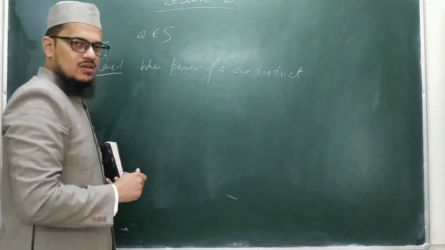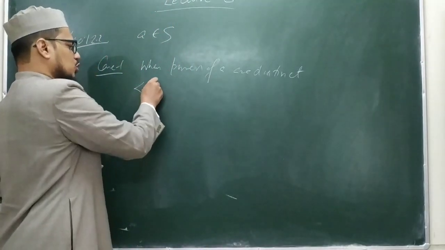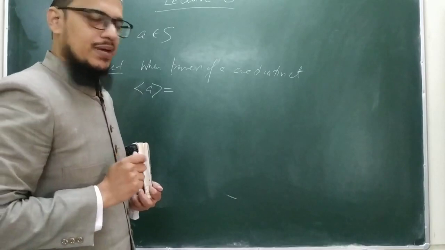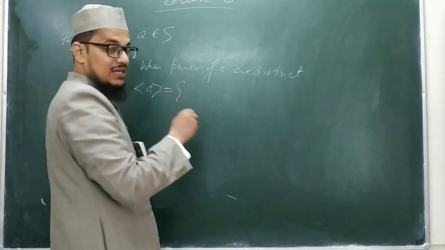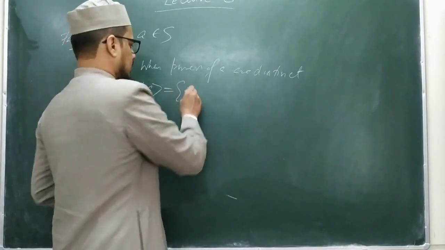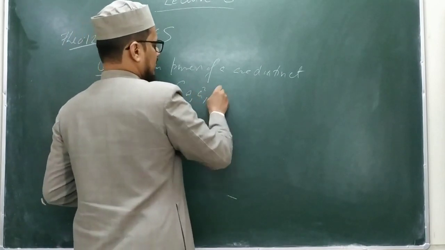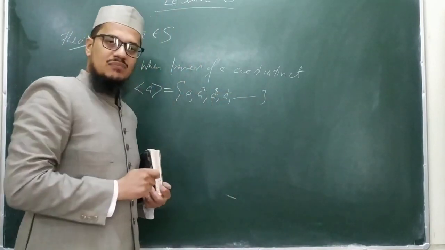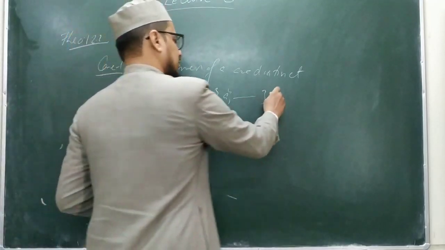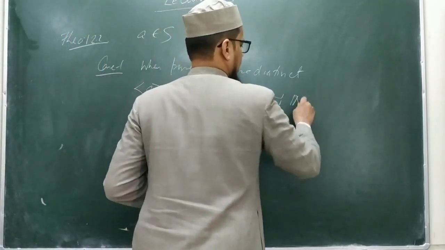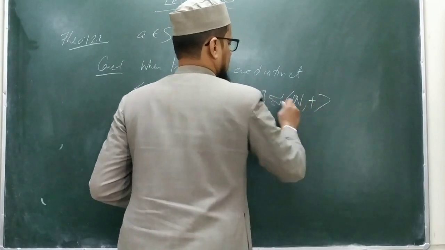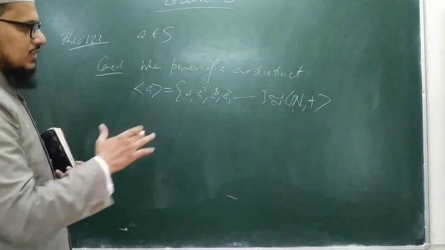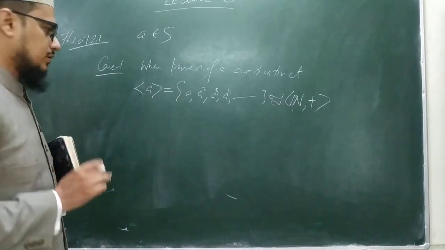In this case, we get a monogenic subsemigroup generated by an element A of semigroup S, an infinite semigroup: A, A square, A cube, A to the power 4, and so on, and this semigroup is isomorphic to the set of natural numbers with respect to addition. So if powers of A are distinct, then we get this.